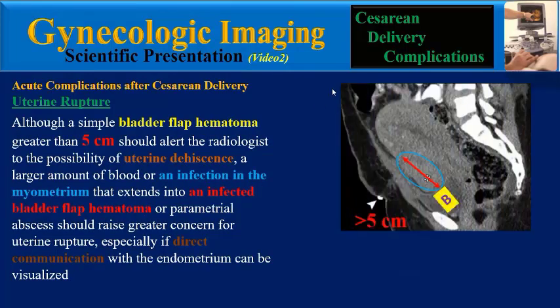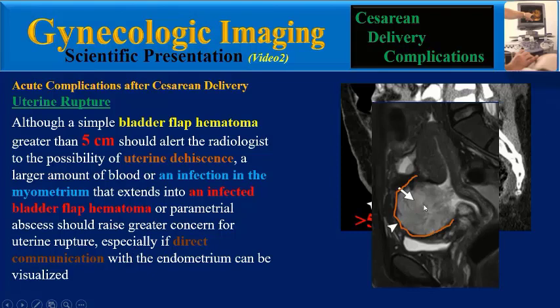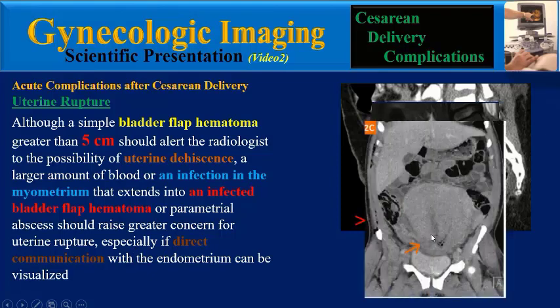Although a simple bladder flap hematoma greater than 5 cm should alert the radiologist to the possibility of uterine dehiscence, a large amount of blood or an infection in the myometrium that extends into an infected bladder flap hematoma or parametrial abscess should raise greater concern for uterine rupture, especially if direct communication with the endometrium can be visualized.